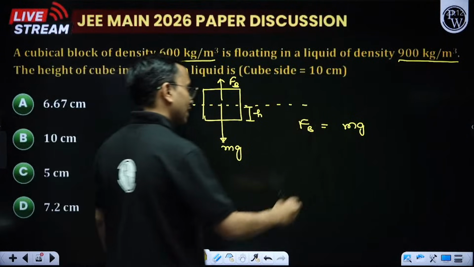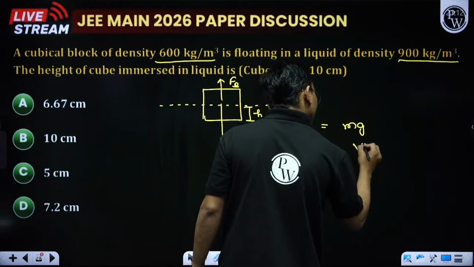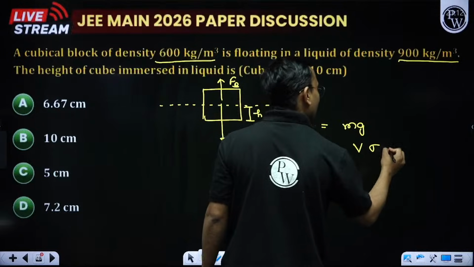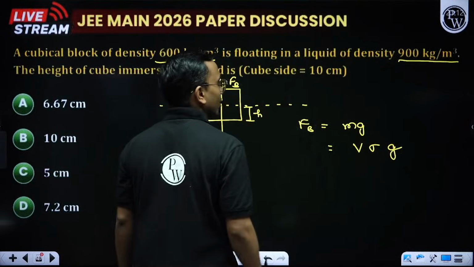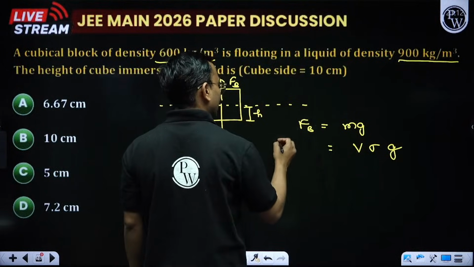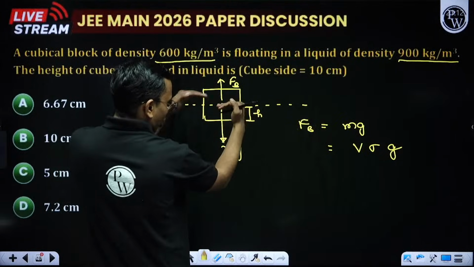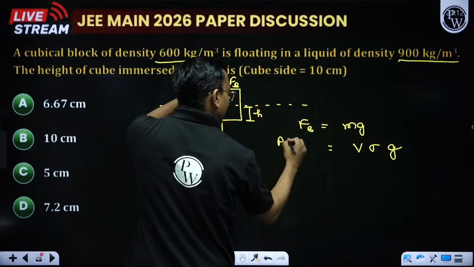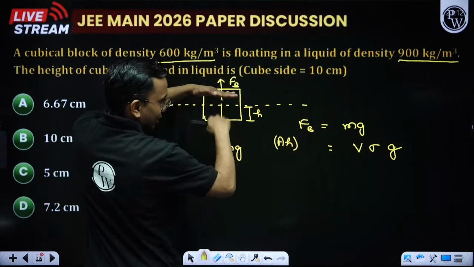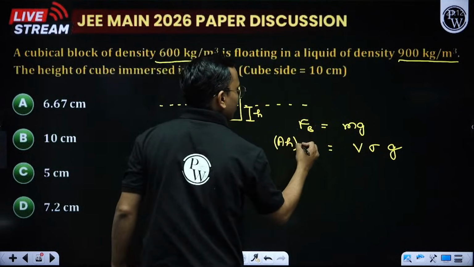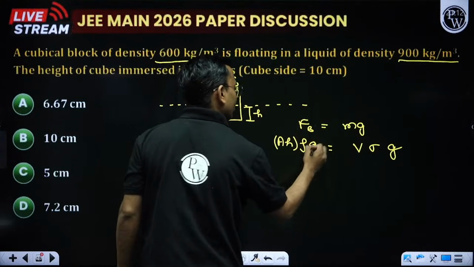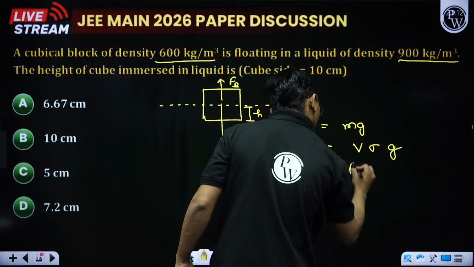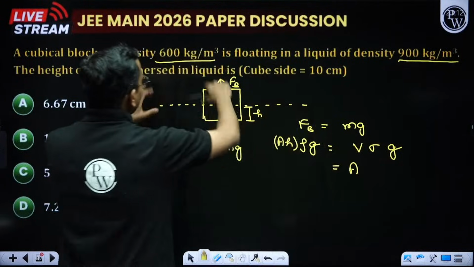What is mg? Mg is volume into the density of the cube. This becomes mass into g. What is buoyant force? That is the volume that is inside the liquid. How much? Area of cross section into h, volume that is inside the liquid, into density of the liquid into g. Volume I can write as area of cross section, total volume, into the height.